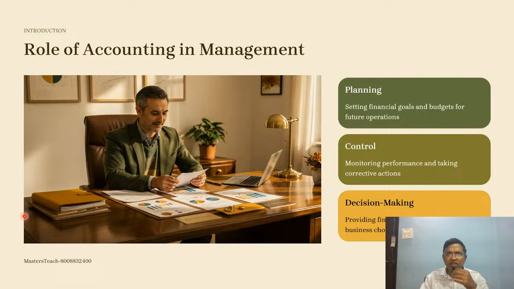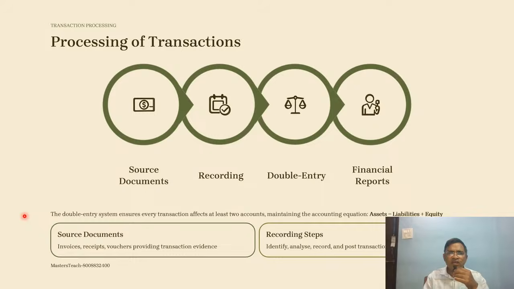Okay, these are the things like the process of accounting, how it happens. In the examination they may ask about the process of a transaction, how it happens. First is the source of document, second one is recording, third one is double entry, and fourth one is financial reports.